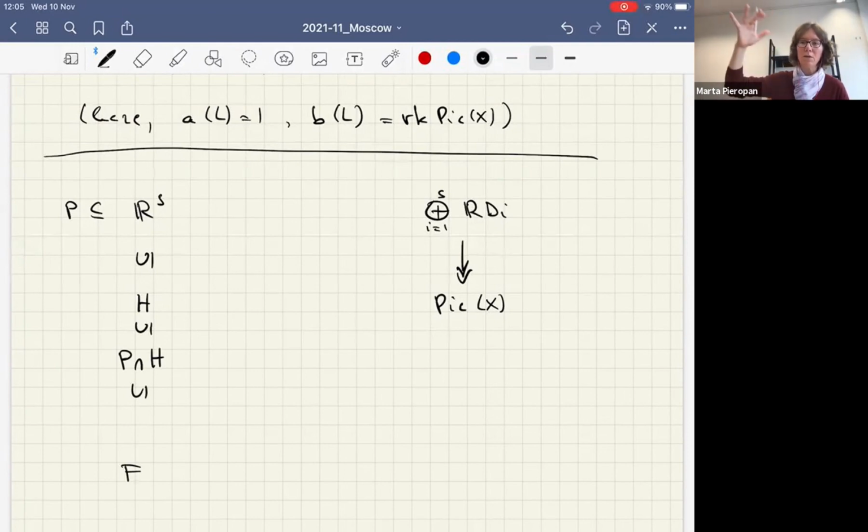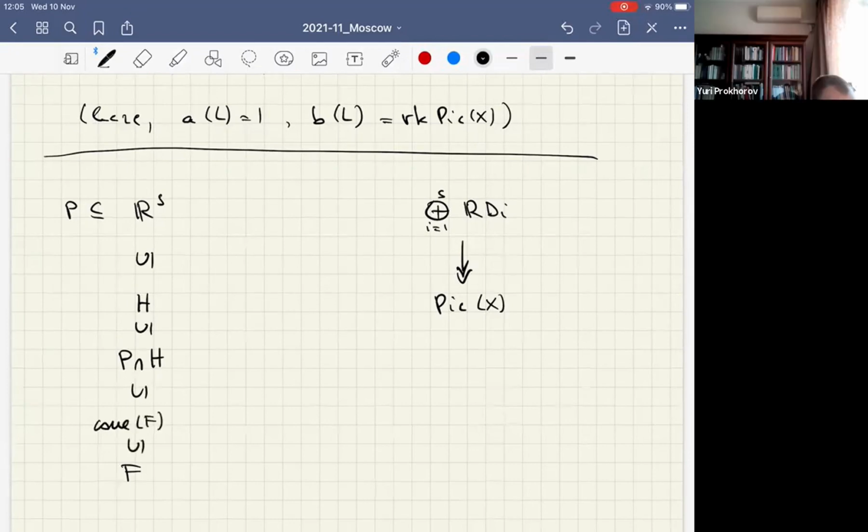It is some face far away from the origin. What I can do is take the cone generated by this face. So we have all of these inclusions on this side.